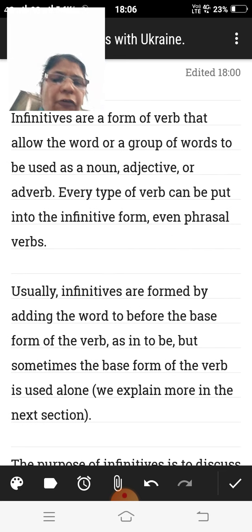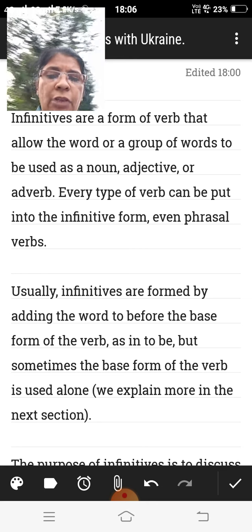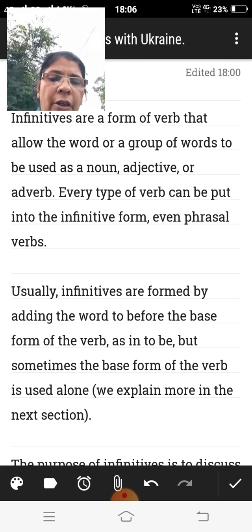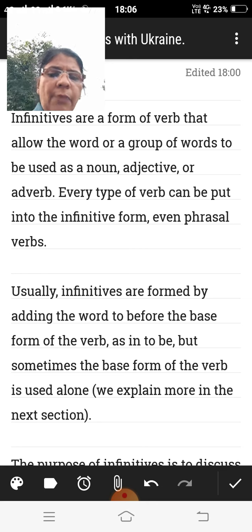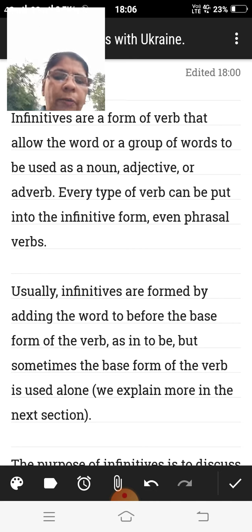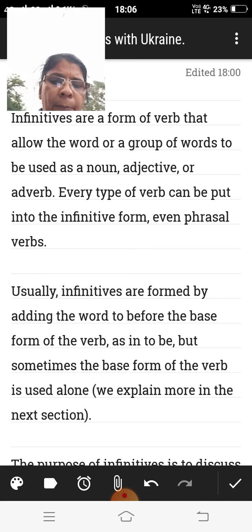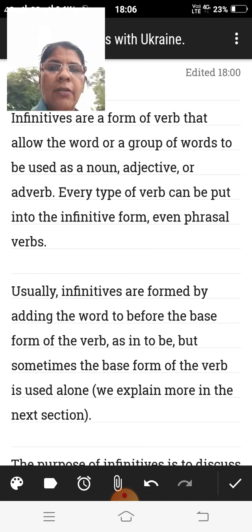Usually infinitives are formed by adding the word to before the base form of the verb, as in to be, but sometimes the base form of the verb is used alone. We explain more in the next section.